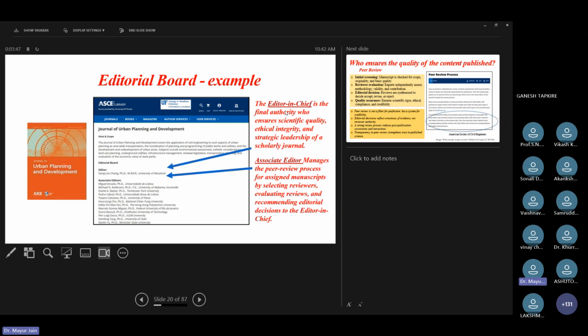And that clear message has already been given to all the associate editors, right? I think it is very important that all the associate editors follow whatever rules and protocols are given by the editor-in-chief. The associate editor manages the peer review process for assigned manuscripts by selecting reviewers, evaluating reviews, and recommending editorial decisions to the editor-in-chief. So that is, I think, a very common process.